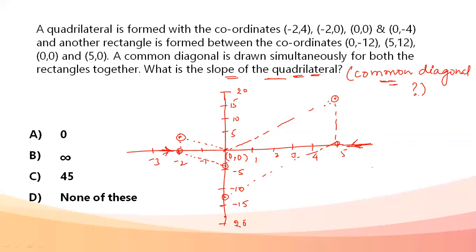The common diagonal is y equals 0, and if I know the slope of y equals 0, slope is 0. So for this question, my answer is 0. Basically they are asking what the common diagonal is. The common diagonal is my x-axis, and the slope of the x-axis, or y equals 0, whatever you want to call it, is going to be 0 only.